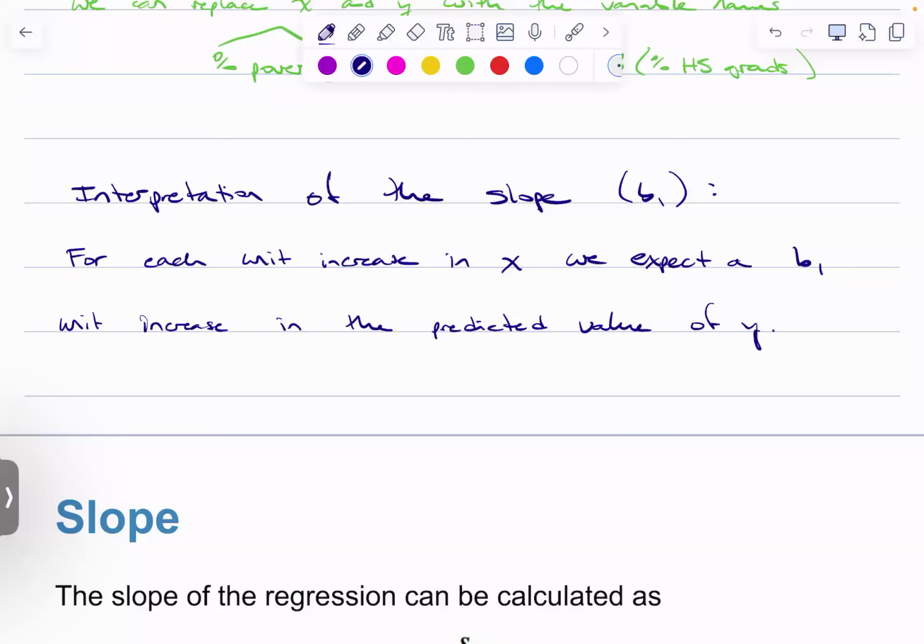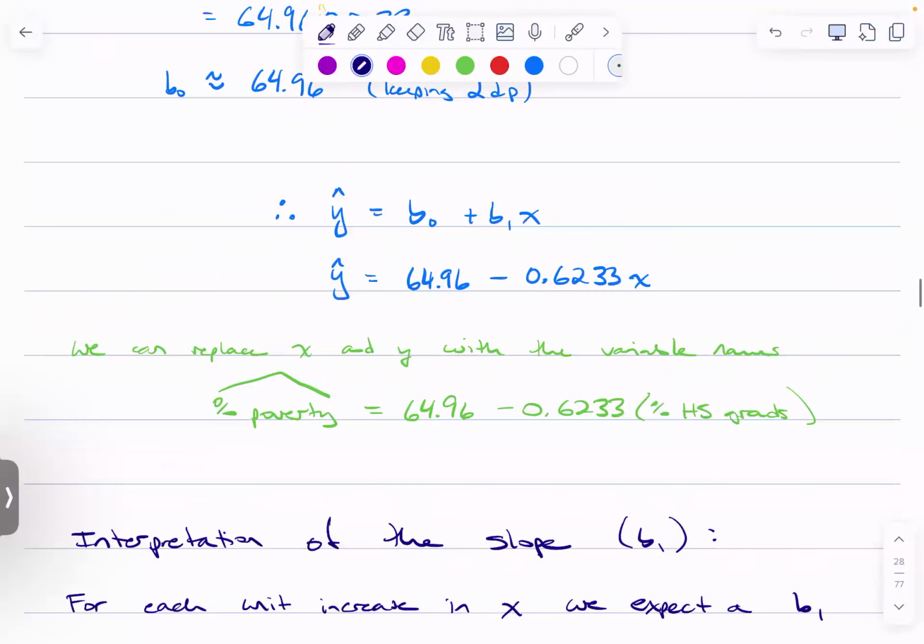You can rely on the equation. This general equation, the slope is this. If I take x from 1 to 2, for example, then the y hat would increase by negative 0.6233. I am always safe to say increase. You can increase by a negative number and therefore it is a decrease, but you want to be careful. I don't want you to get too fancy unless you're super confident.